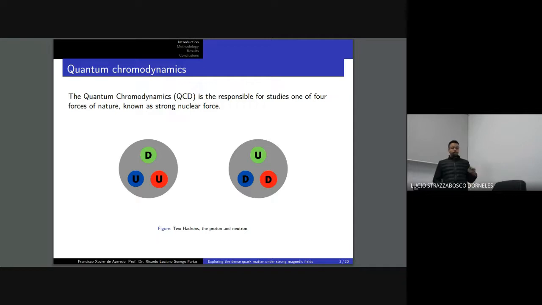The up quark has 2/3 of the elementary charge, and the down quark has -1/3 of the elementary charge. This fact explains why the proton has a positive charge and the neutron has no charge.